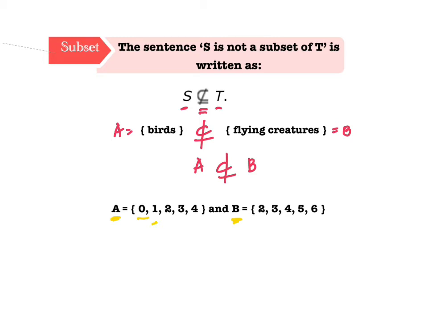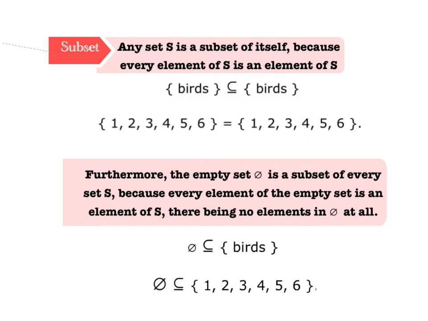So, obviously, 0 and 1 are not in set B. Therefore, set A is not a subset of set B. Okay, next. Any set S is a subset of itself because every element of S is an element of S.